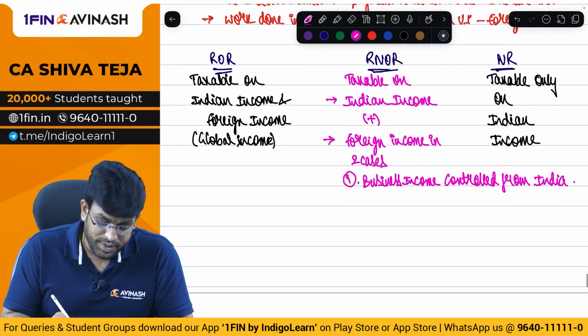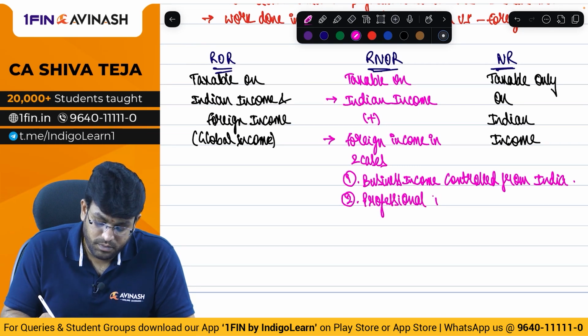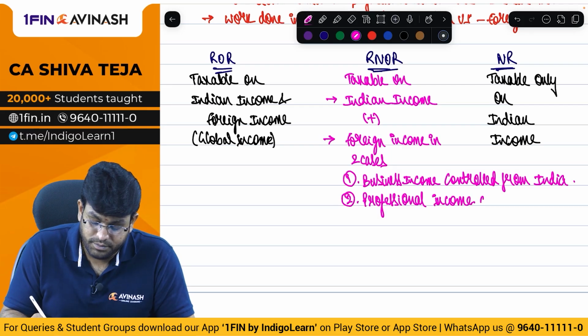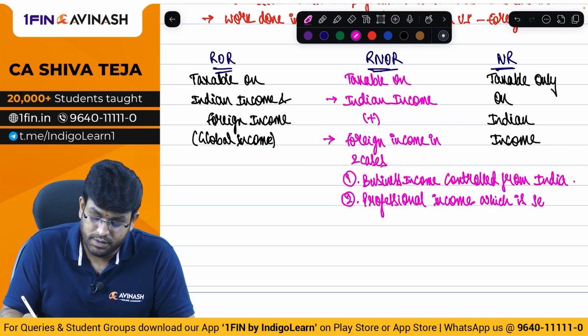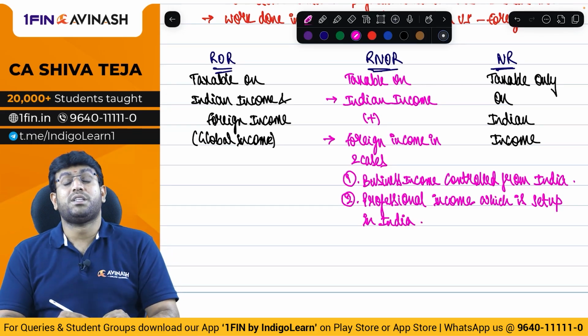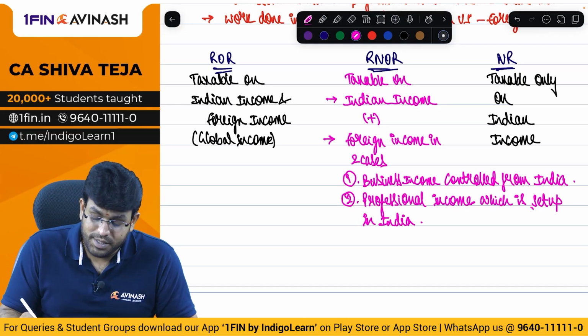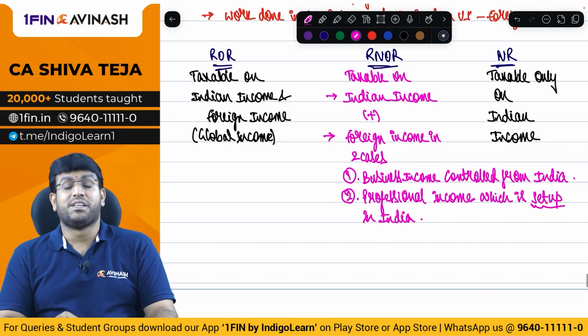Number two, professional income which is set up in India. So set up in India means having an office in India.